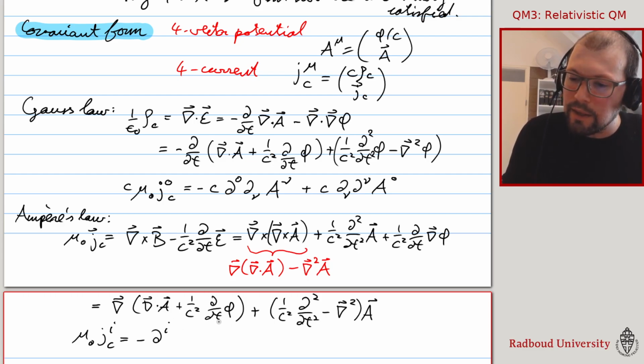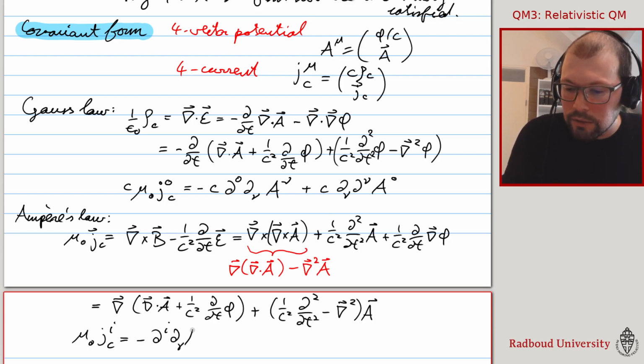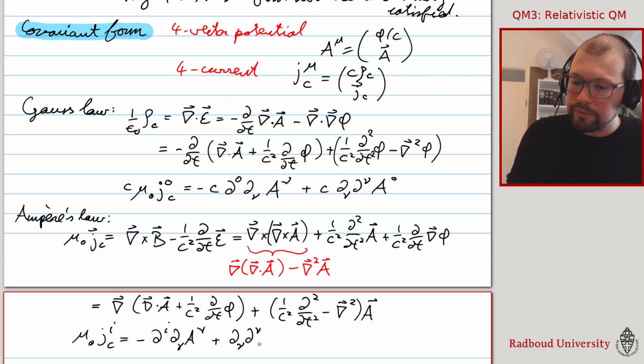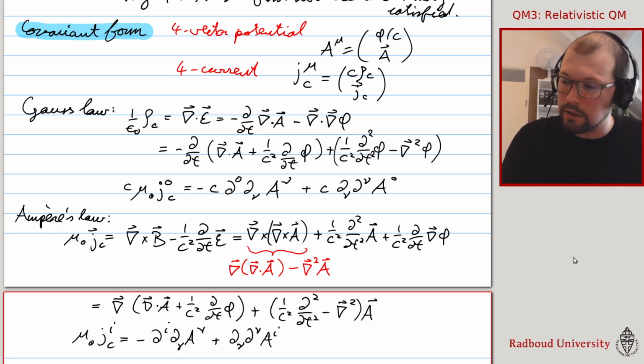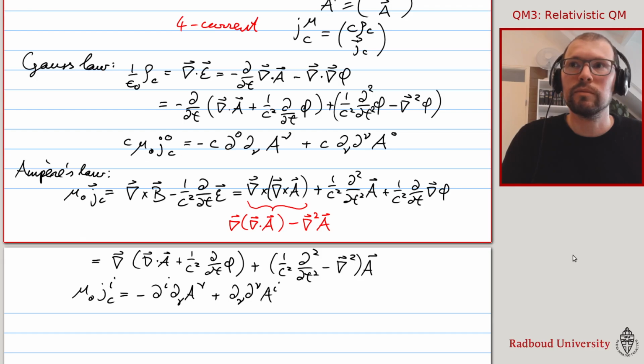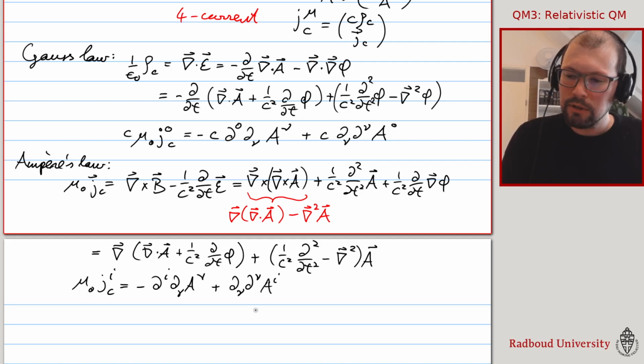Here we again have the same four-divergence of the four-vector, d nu a nu, and then the D'Alembert acting on, not the vector but A^i. So we see that in terms of the four-vectors, these equations are really the same.